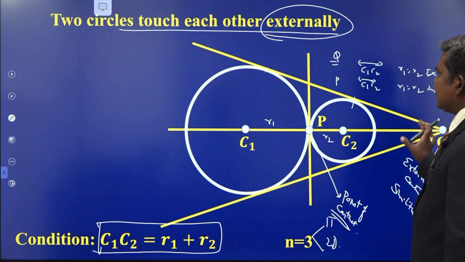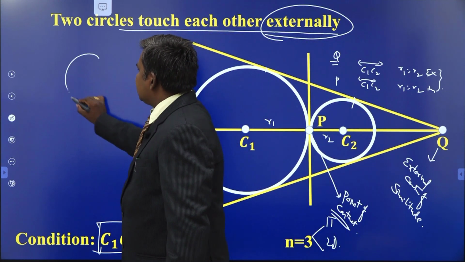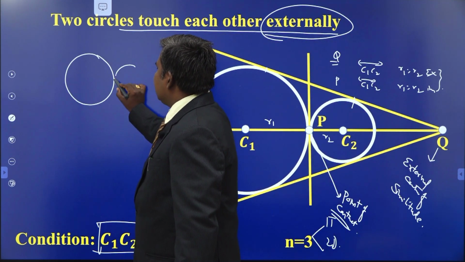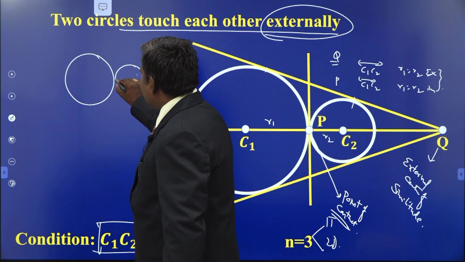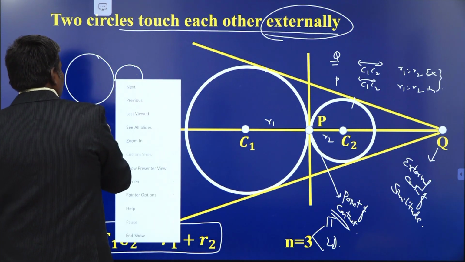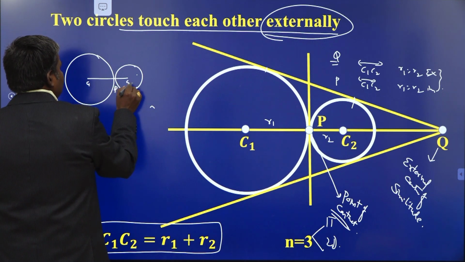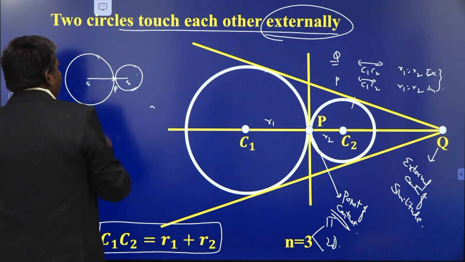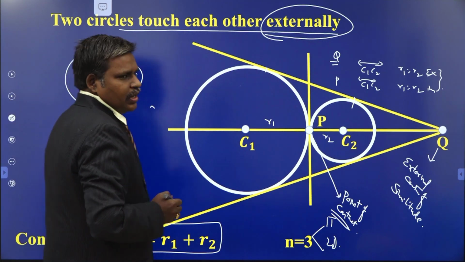Two circles touch each other externally in this manner. Your point of contact is like this. This point of contact divides C1C2 in the ratio R1 is to R2 internally. One thing you have to remember. Okay, don't make a mistake.